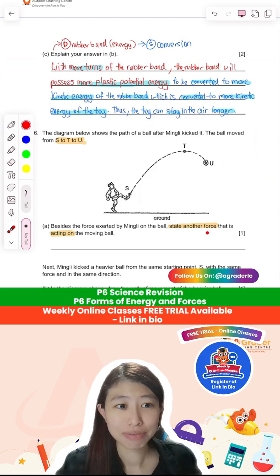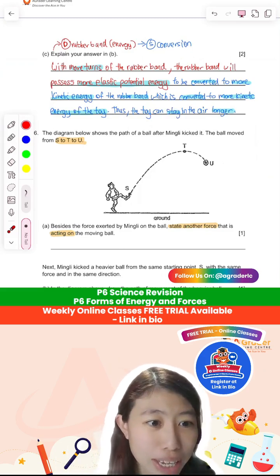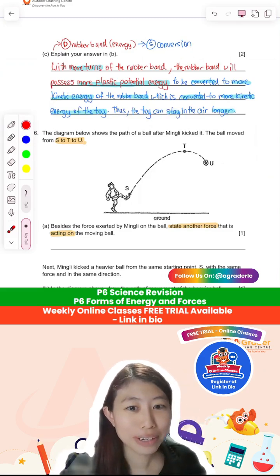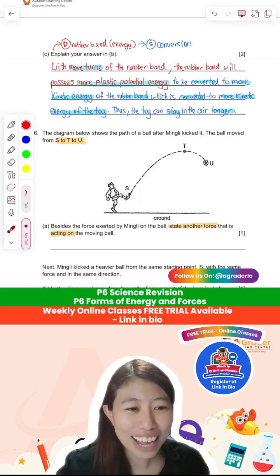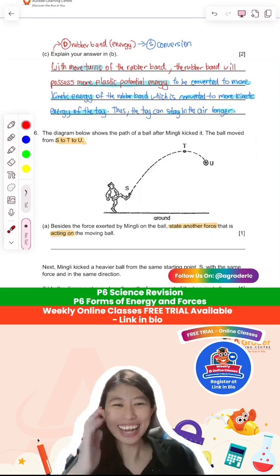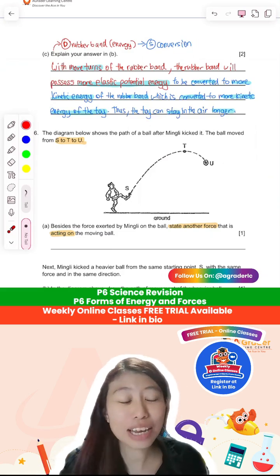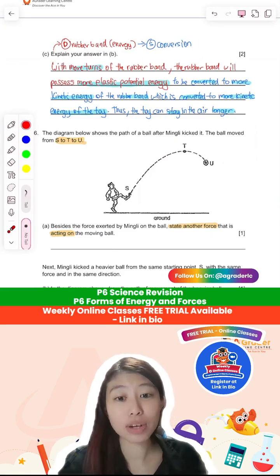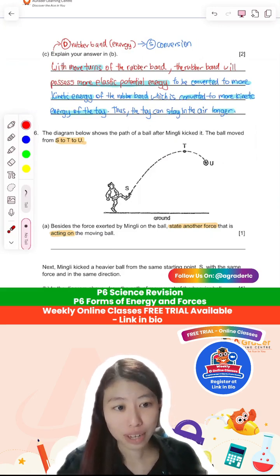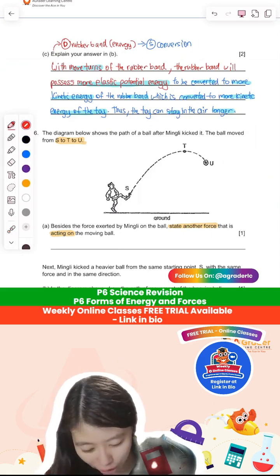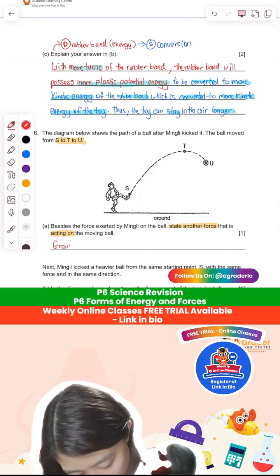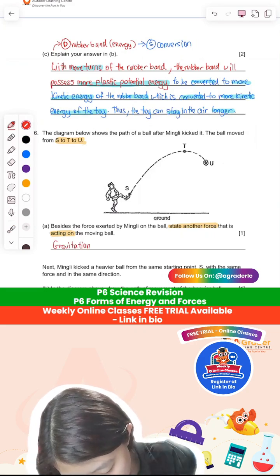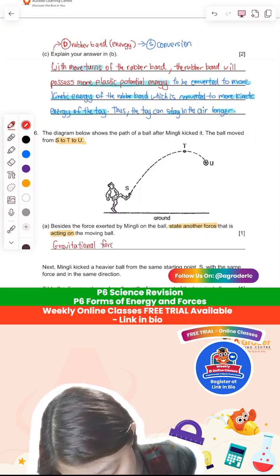Okay? Yes. Yes, a lot of you got it correct. Gravitational force is the better answer, because they want you to be specific about the force. So yes, gravitational force is acting on the moving ball all the time.